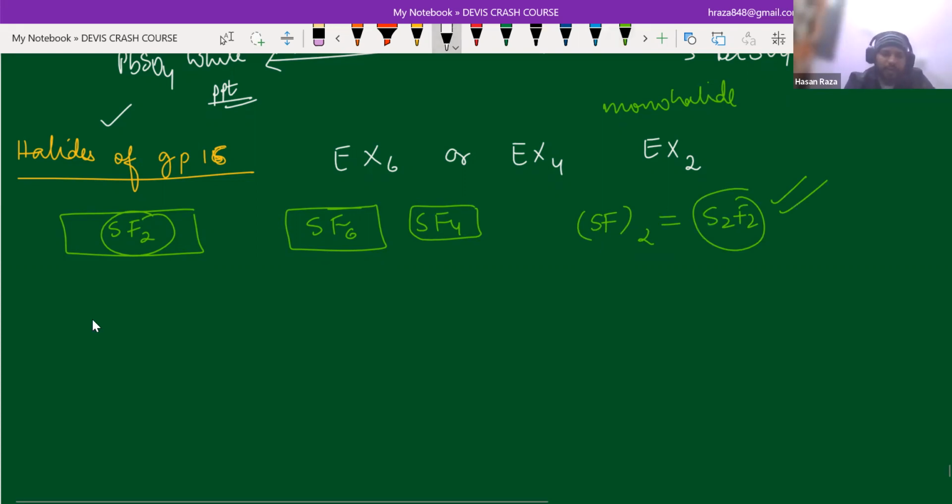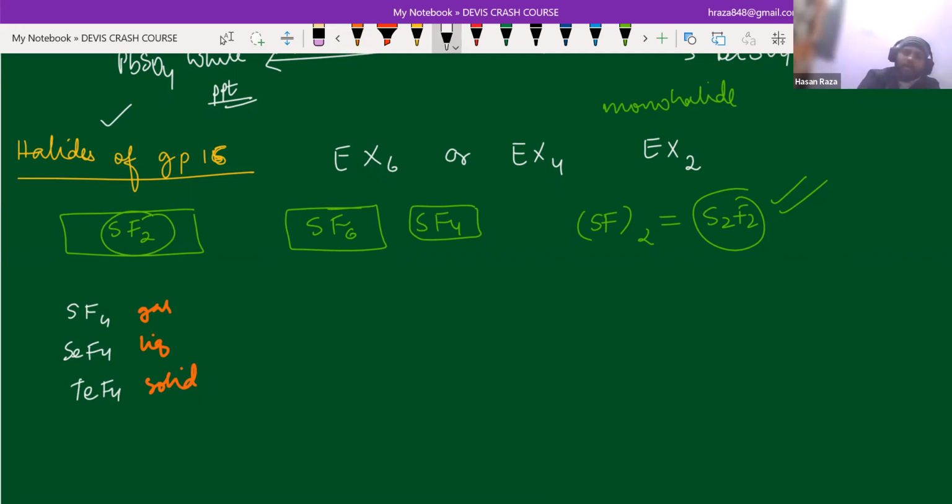First of all, if I write the halides of sulfur: SF4, then SeF4, then TeF4. Up to this, you can see this is gas, this is liquid, and this is solid. Why is it so? Down the group, molecular weight increases, so van der Waals force of attraction increases, that means it converts into solid.